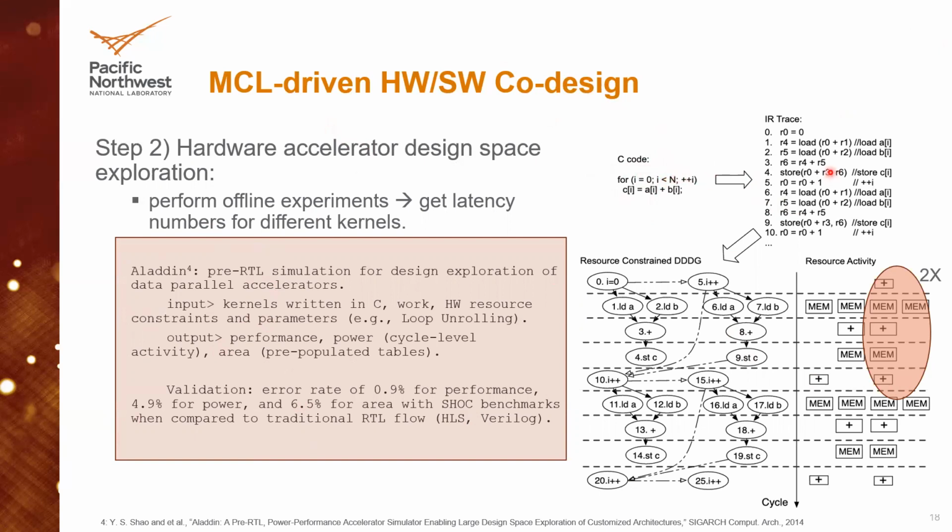An LLVM IR trace is generated from this, and then a dataflow graph is determined from that based on factors such as loop unrolling. In this case, we have said unroll the loop by a factor of 2. So these two paths can operate independently. And the idea is that you obtain the number of cycles needed to complete this operation.